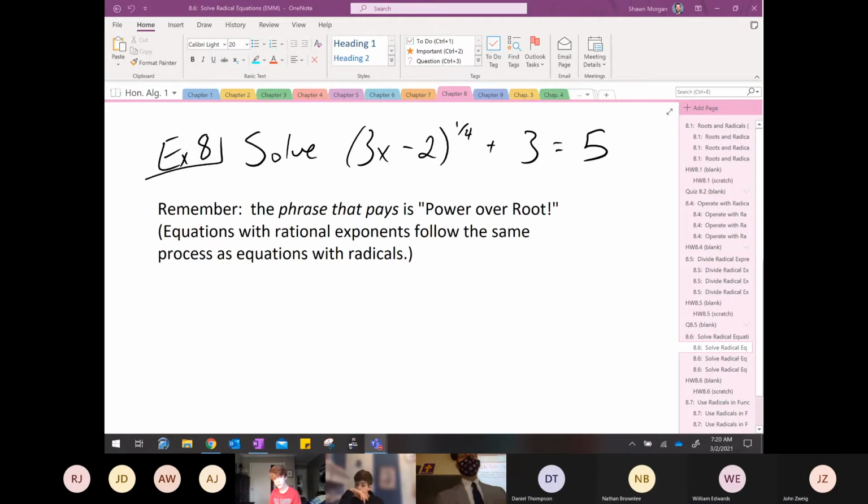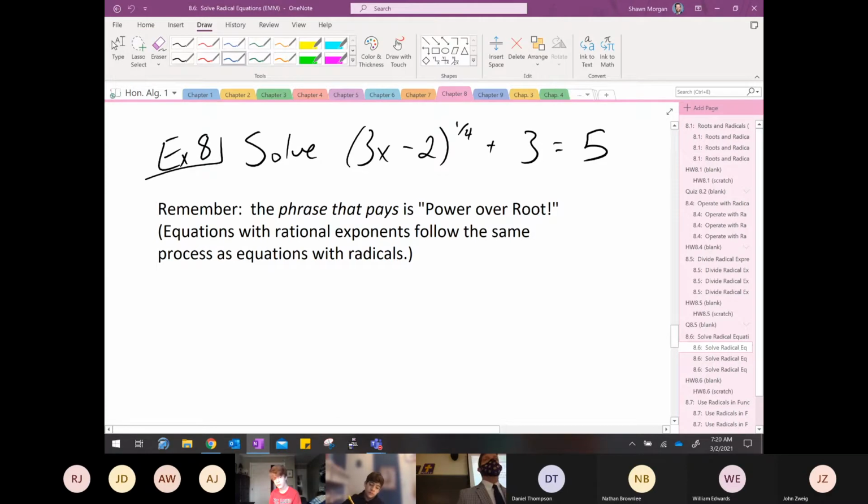There are two ways that we can work an example like example 8. I'll do one of them in blue and one of them in red. When we look at a problem like that, the first thing we could do is express it as a radical. So 3x minus 2 is raised to the first power, and it's under the fourth root. That's power over root. Notice I didn't go to the trouble of writing it to the first power.